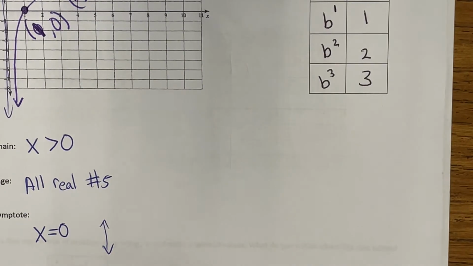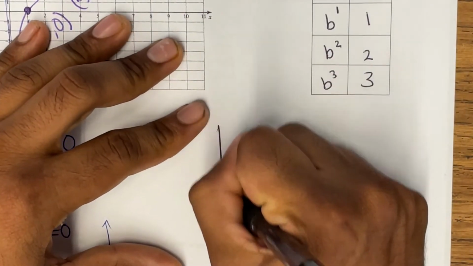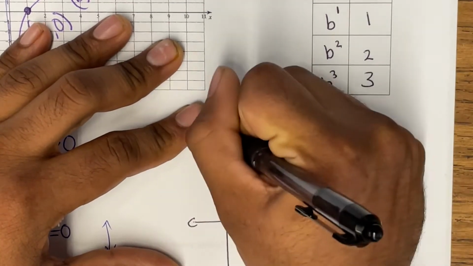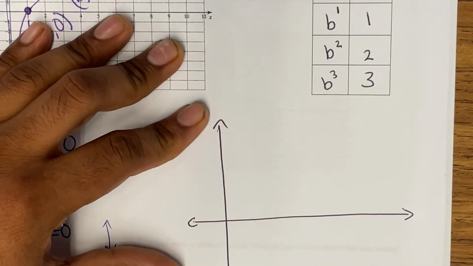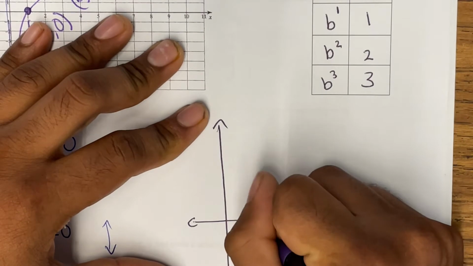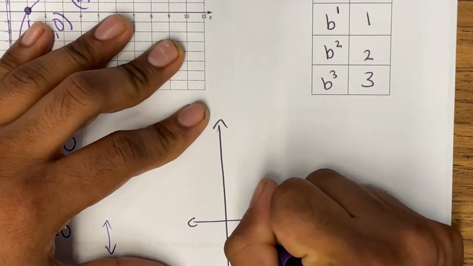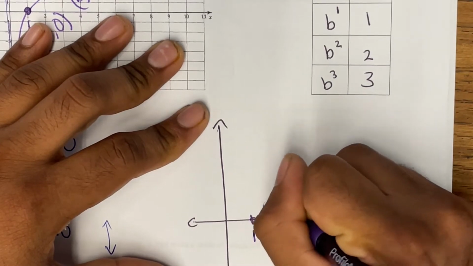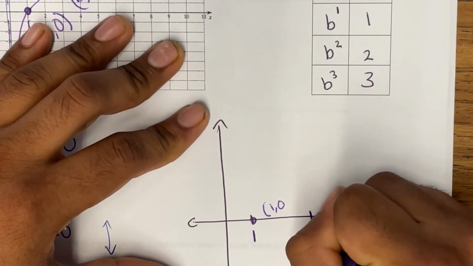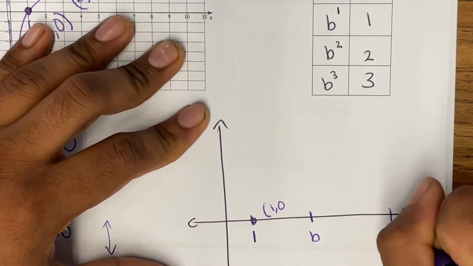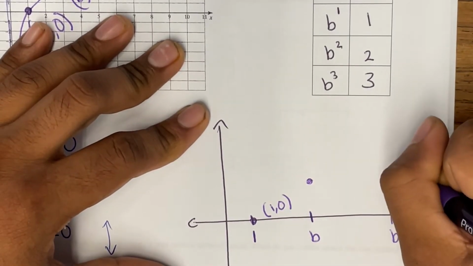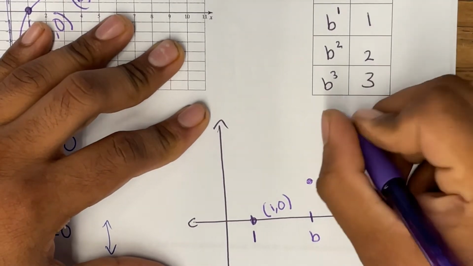So again, our general graph, I'm going to draw this a little better this time for you. I'm going to keep the scaling off it to keep it a little cleaner. What we're going to do is we're always going to have the point 1, 0, and then whatever b is, and then b squared, this will kind of be our general format for this.